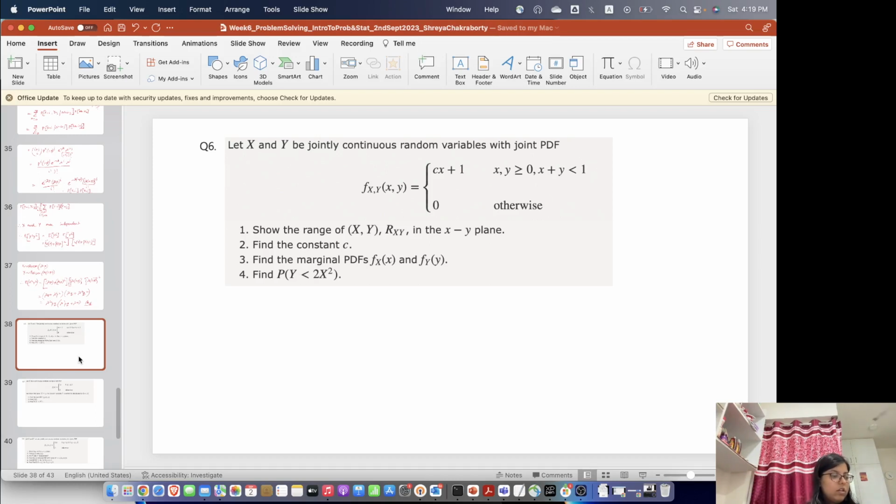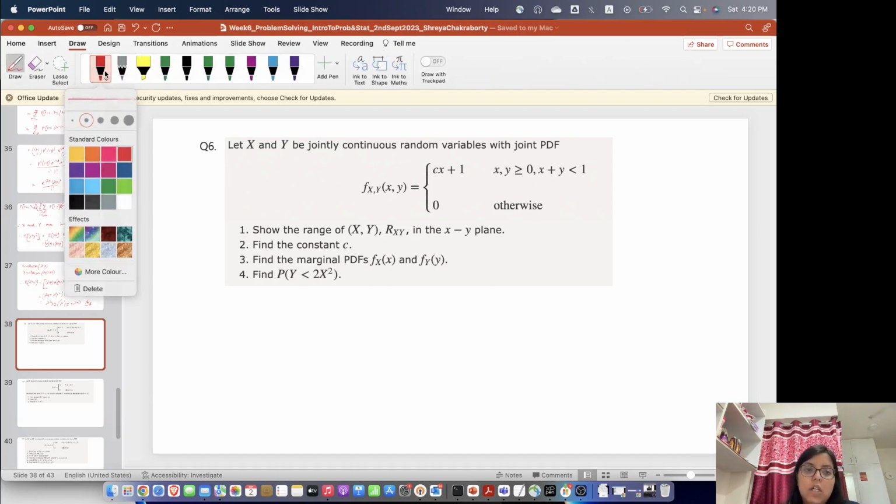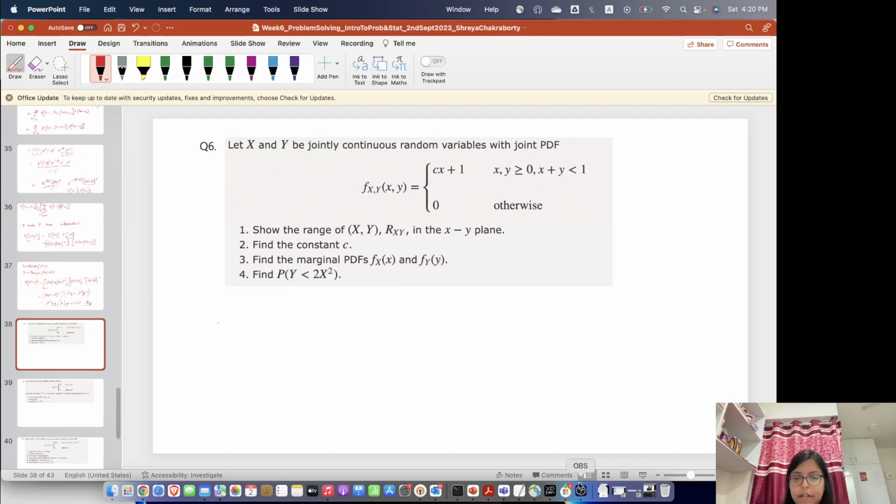So how should we do it? The first thing is to find out the range of xy in the xy plane. So that is visualization. First we'll do that.